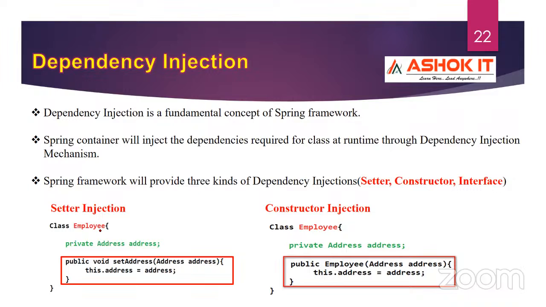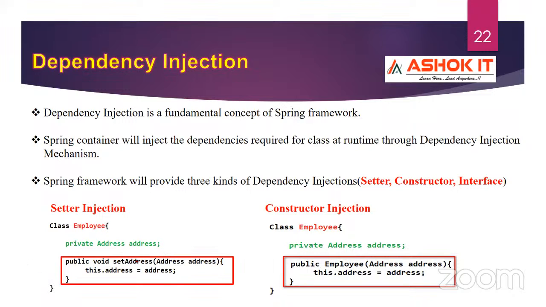Spring container, please create an object of this employee class and an object of the address class, so that the Spring container only will take care of creating such objects in memory, and of injecting the address class object into the employee class by using the setter method of that particular property. That's all. That is called setter injection.